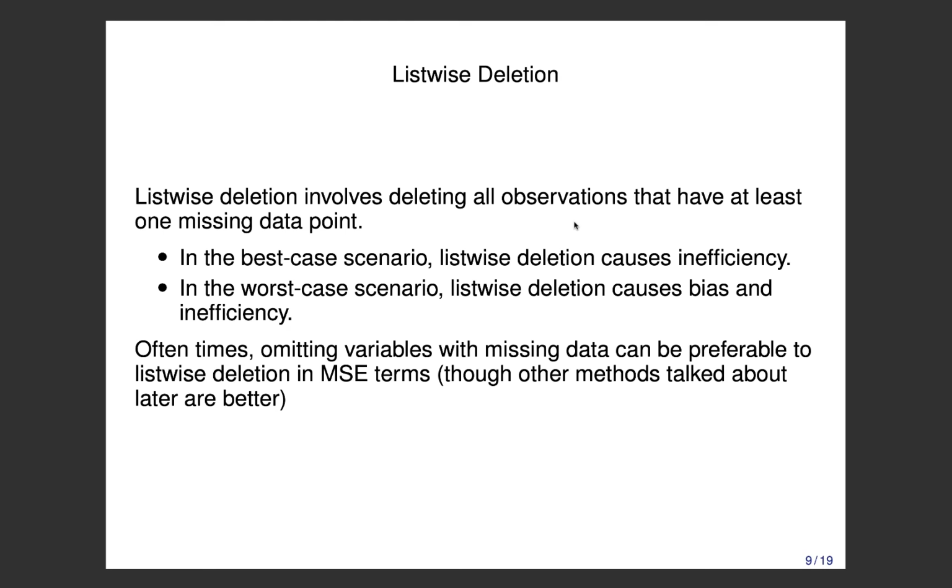Also, we're losing a lot of information because we have valid values on lots of variables, but with missing data on just one, we delete that whole observation. Oftentimes, from a mean squared error point of view, omitting variables with lots of missing data might be preferable to listwise deletion, though the things we're going to talk about in a bit are better.